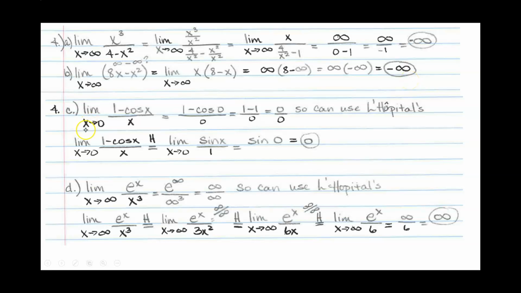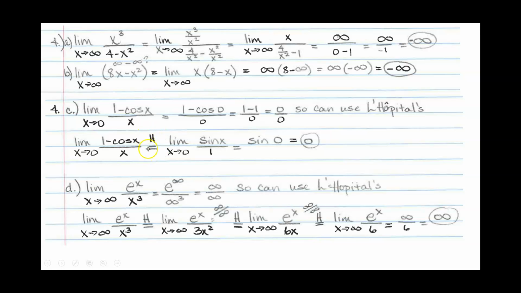All right, then for the next one, we've got the limit as x approaches 0 of 1 minus cosine x over x. So if I plug in 0, I'm going to get 1 minus the cosine of 0 over 0. The cosine at 0 is 1, so 1 minus 1 over 0 would give me 0 over 0. That is one of the forms where we can use L'Hopital's, if we get 0 over 0 or an infinity over an infinity. So I'm going to come down here.